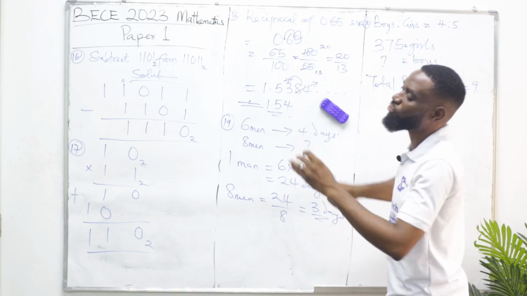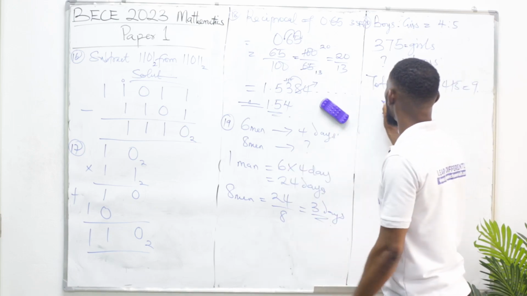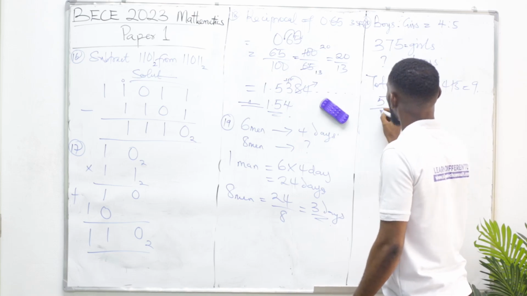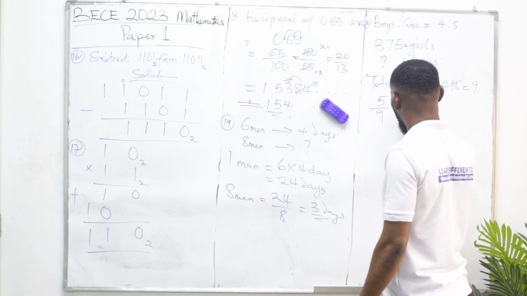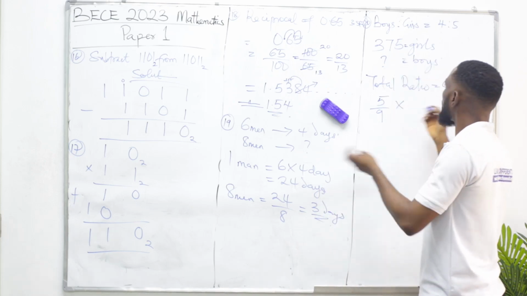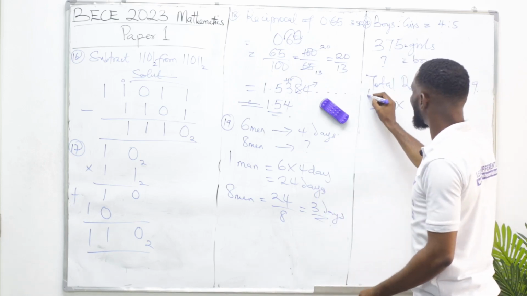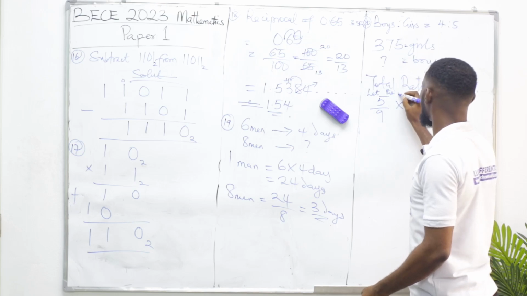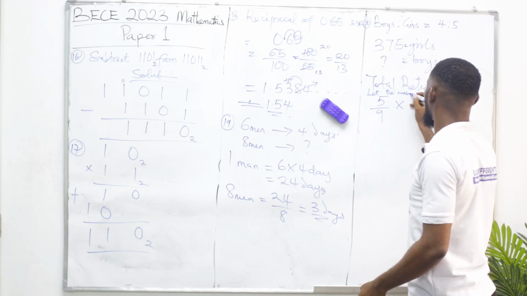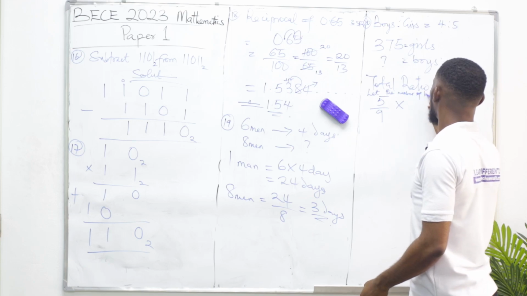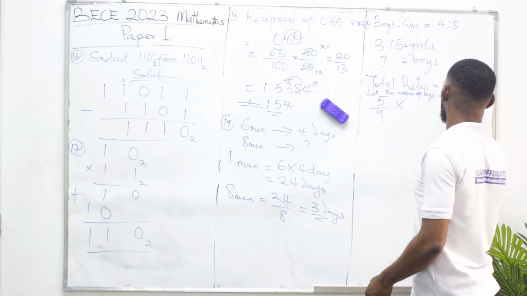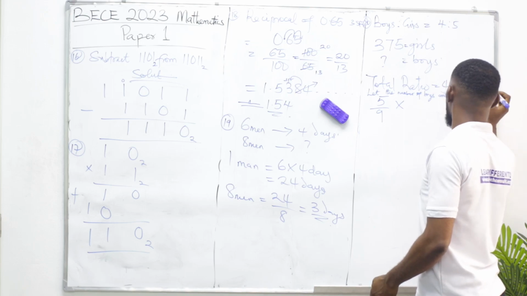to get the total number, the ratio of girls, which is 5, to the total ratio 9, times the total number. Let the total number of students, both boys and girls, be y.